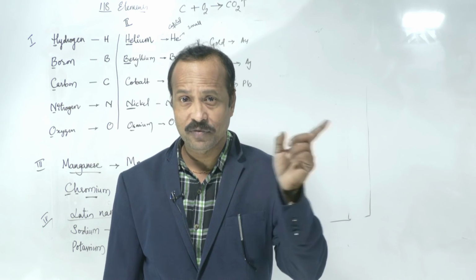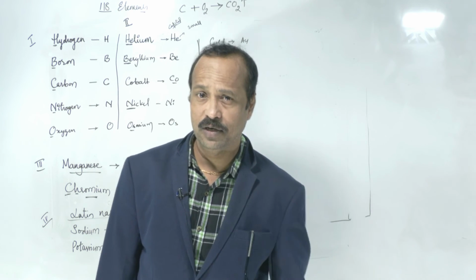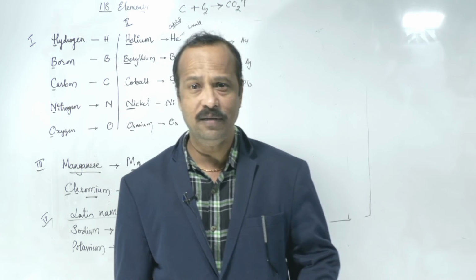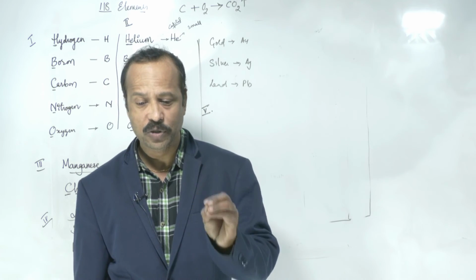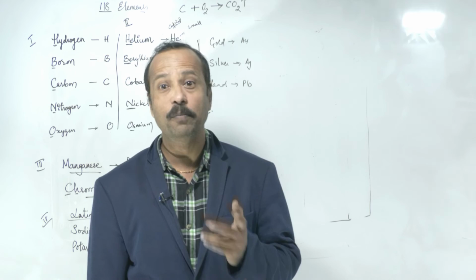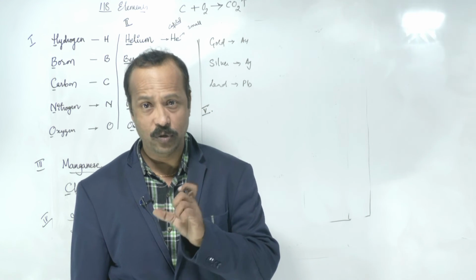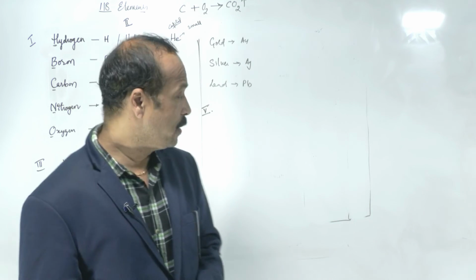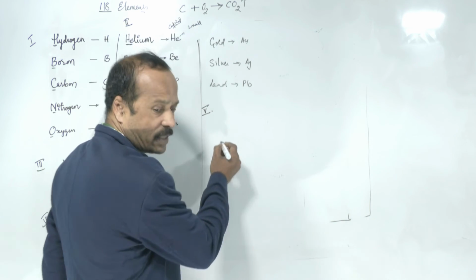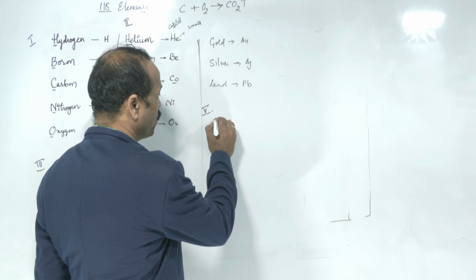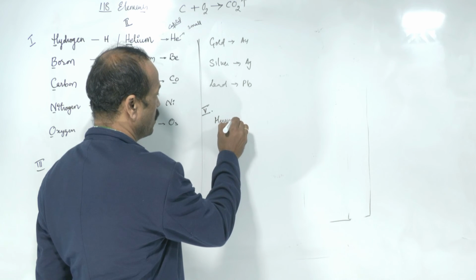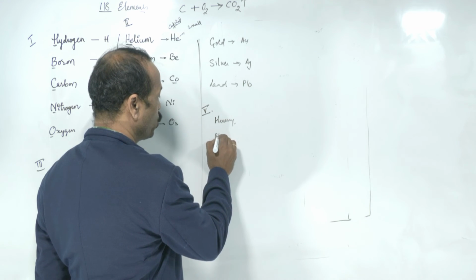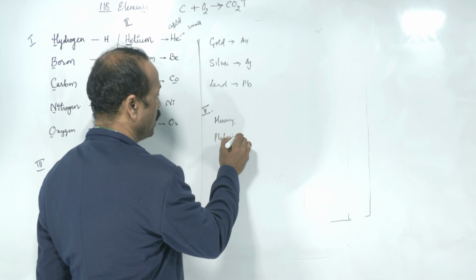One of them is Pluto, but now it is not considered a planet. So based on that it's given, and Mercury. Mercury is also a planet. So based on the planets they are given, like Mercury and plutonium.